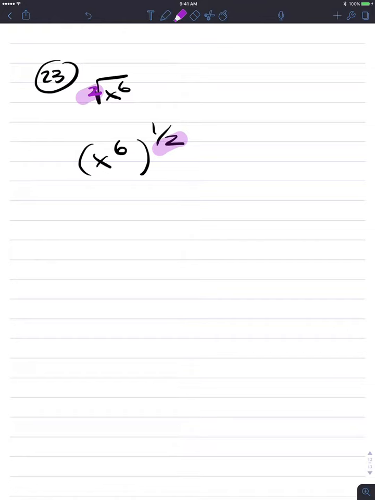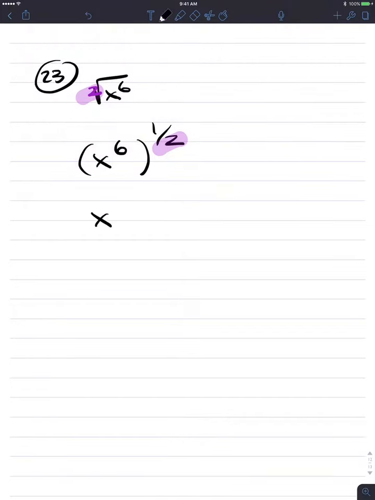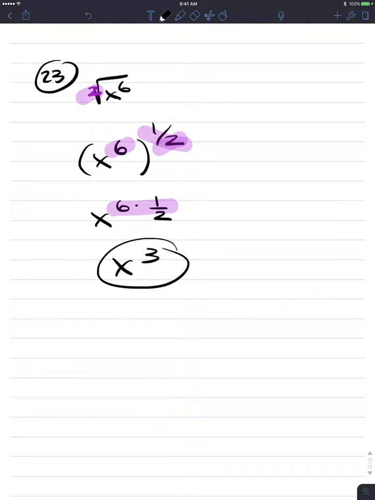And 1 is always the numerator. At this point, x to the 6 raised to the 1/2, by properties of exponents, let's look at this in detail. 6 times 1/2. I multiply 6 with the 1/2 power. So I get 6 times 1/2, which gives me 3. This is x cubed. So the square root of x to the 6 is x cubed.